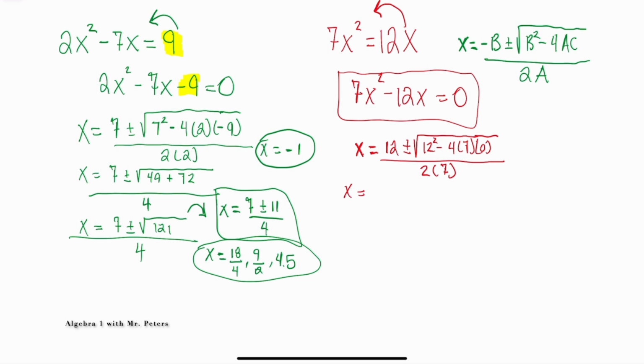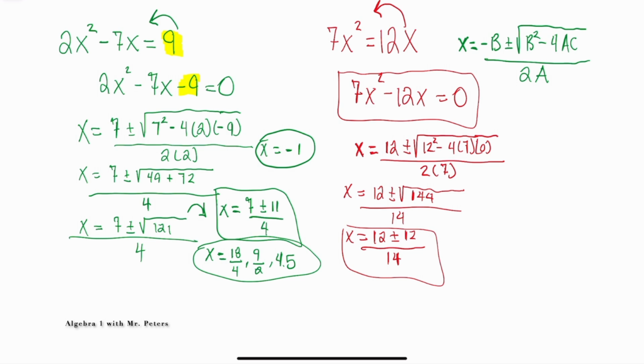So x is equal to 12 plus or minus the square root of 144 over 14. So we simplify this to get x is equal to 12 plus or minus 12, right? Square root of 144 all over 14. So this is going to be our answer. And if we simplify, we're going to get 12 plus 12, which is 24, and divide that by 14.